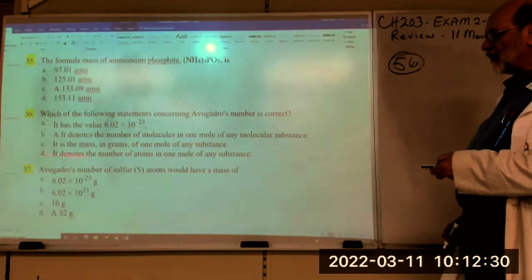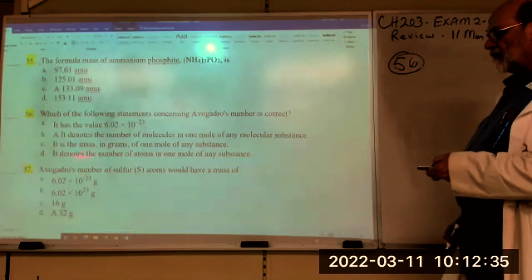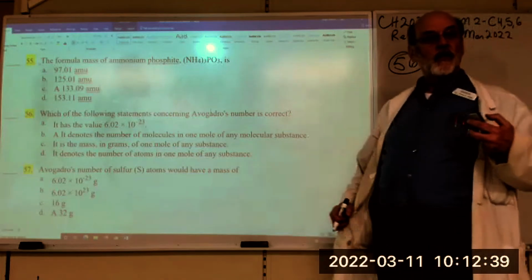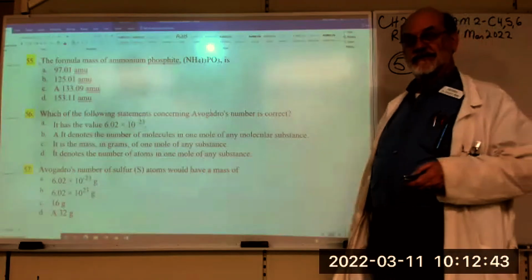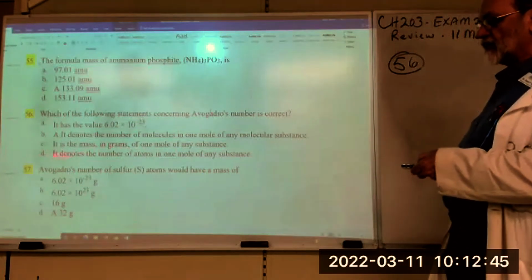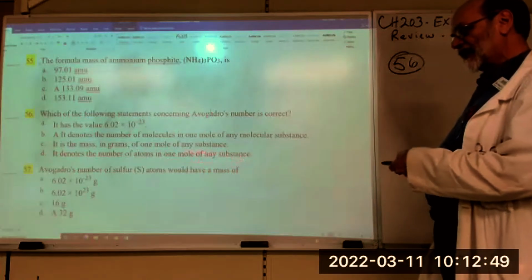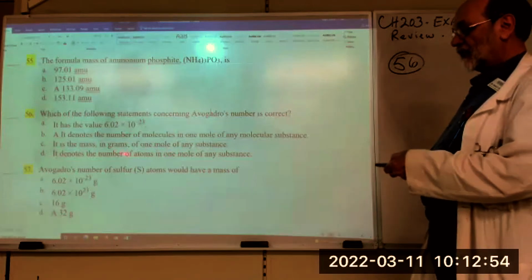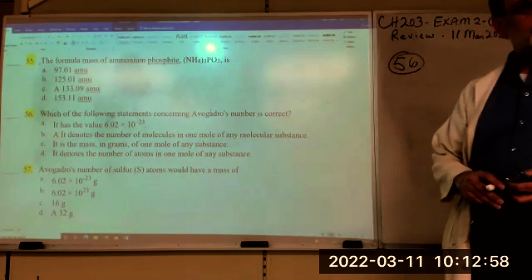It denotes the number of atoms in 1 mole of any substance. Not necessarily. If you have a mole of water molecules, you'll actually have 3 moles of atoms. So D is false also. D is tricky if you don't stop and say, whoa, wait a minute, what is that saying? Then it turns out that B is the only answer that's correct out of that one.